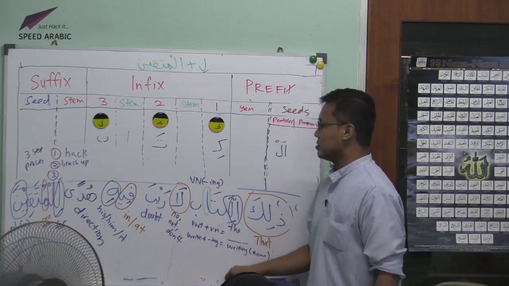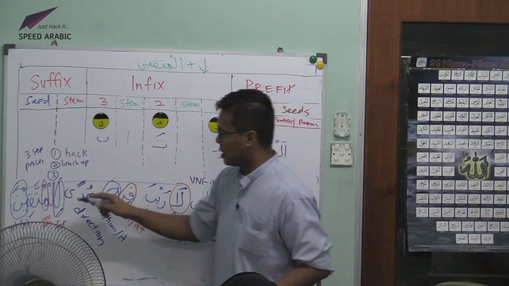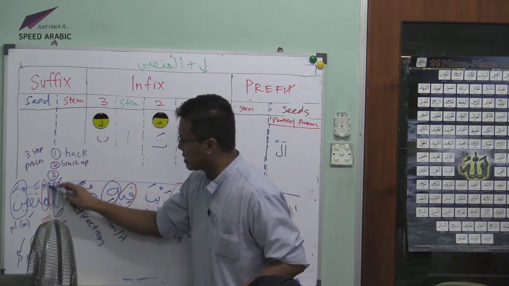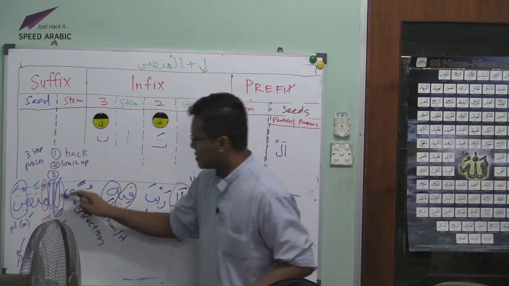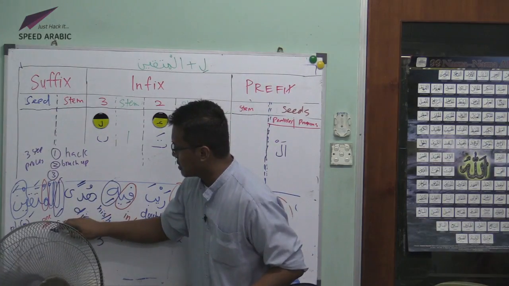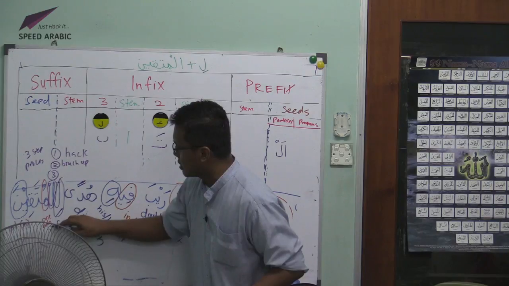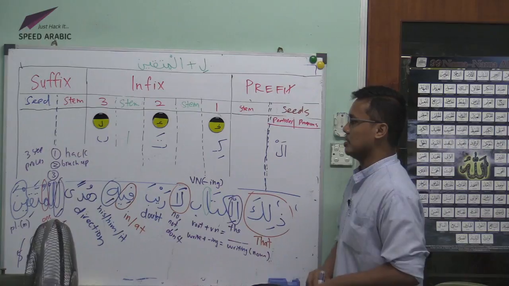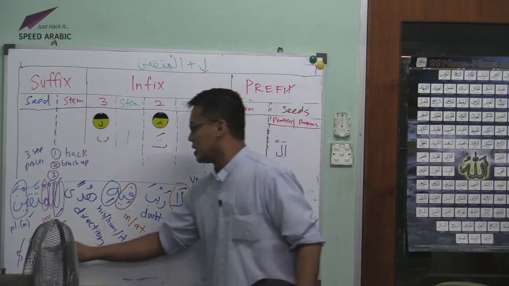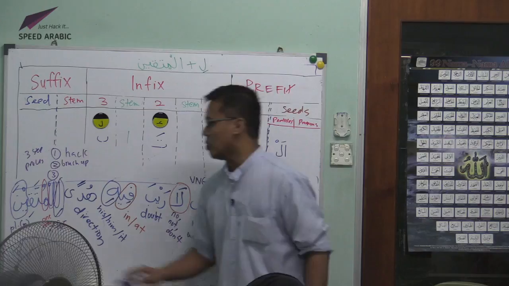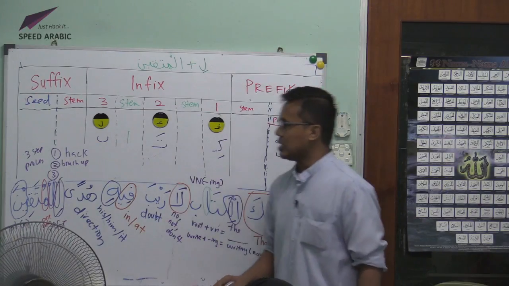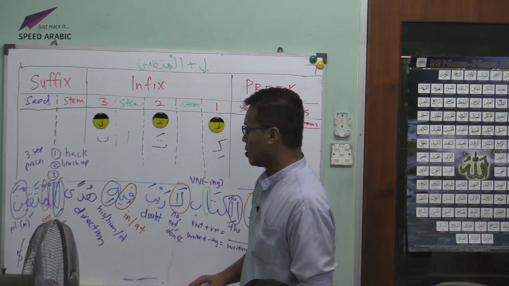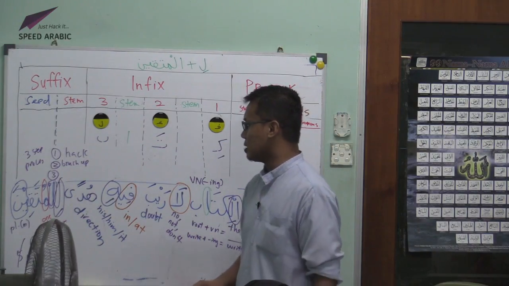If there is an Al, what you do is you purplize this lam. This lam means the. Okay, so you are left with one more that you want to take out. Both the lams are purple.